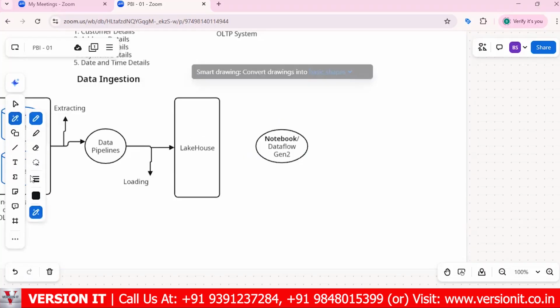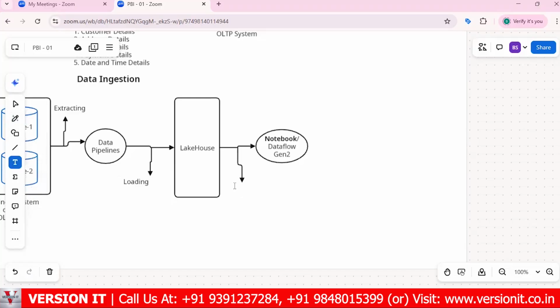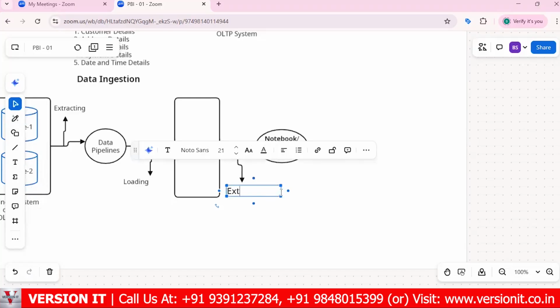We are going to extract the data from the lakehouse. The process of taking the data from here, we can call it extraction. Once we have extracted it, we are going to use the notebook to do the data transformation.